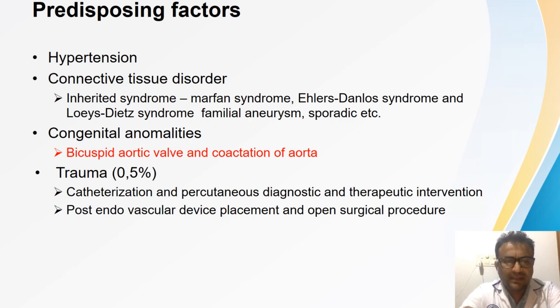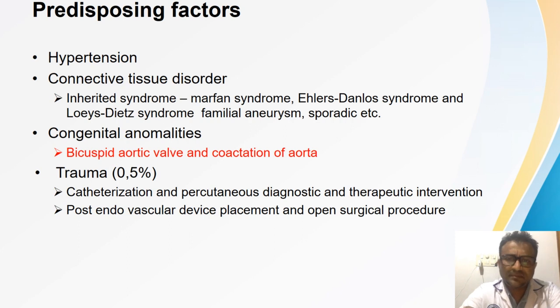Trauma, mainly iatrogenic trauma, can lead to formation of the aortic dissection in less than 0.5% of the patients presenting with aortic dissection in the emergency department. Most of the time, procedures like catheterization and percutaneous diagnostic and interventional procedures lead to formation of the dissection.